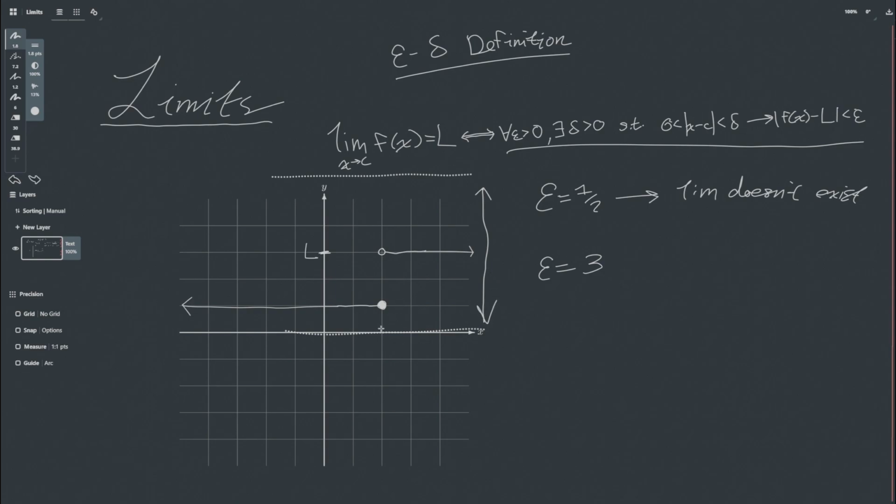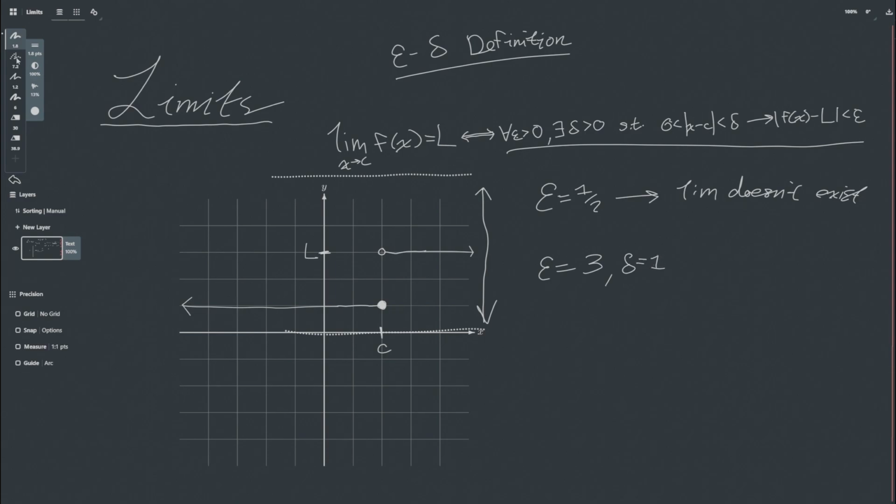Now we're inspecting the function again at this point right here, c. So let's see if we have a value of delta greater than 0 here, so a range of x values around c, that implies all the corresponding y values on the function are within this vertical range created by epsilon. Let's choose delta equals 1.